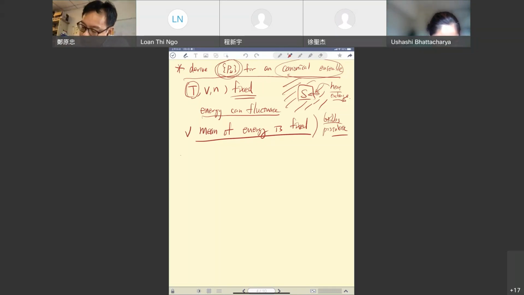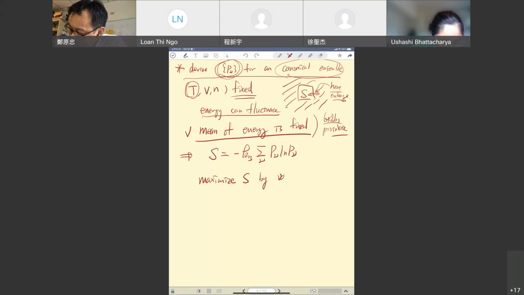Entropy is minus KB, sum over all states, P mu natural log P mu. We know this function. So we want to maximize S by changing the probability distribution to find the maximum entropy.